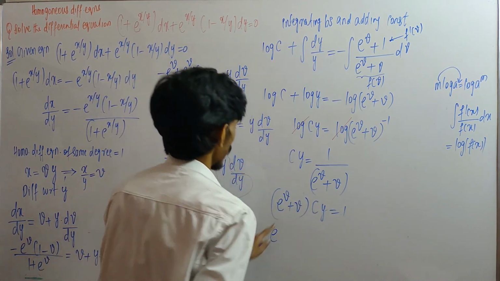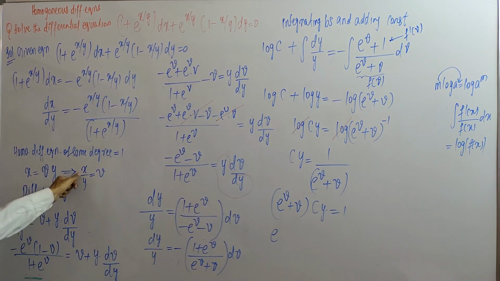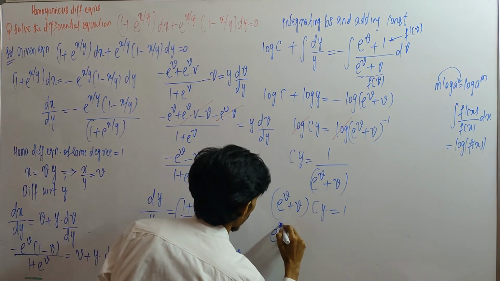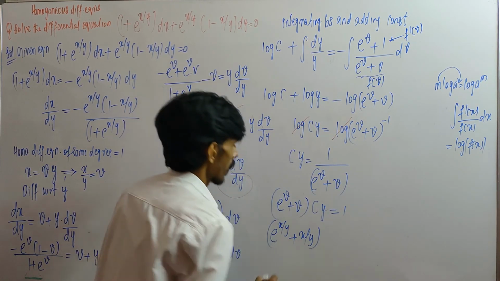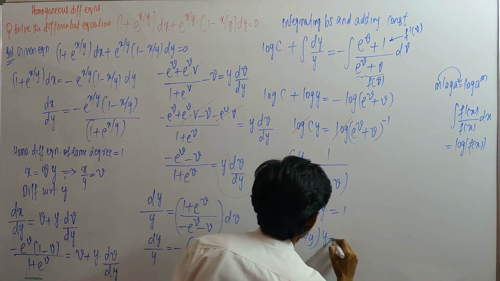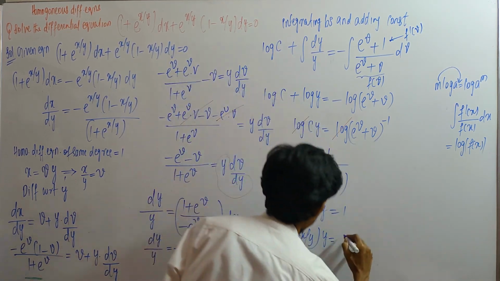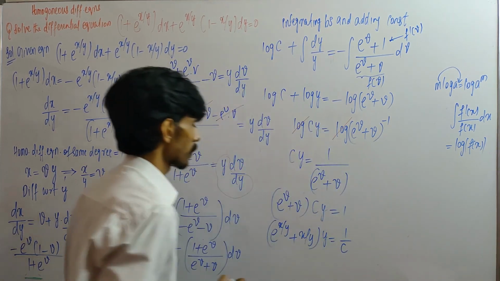Now this v value is x by y, plus x by y. Here I have y into y, take this c to that side, it will become 1 by c.